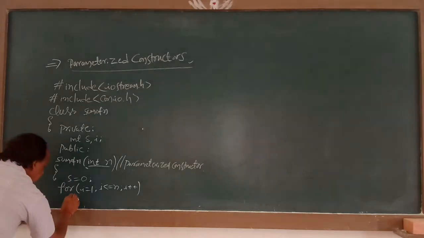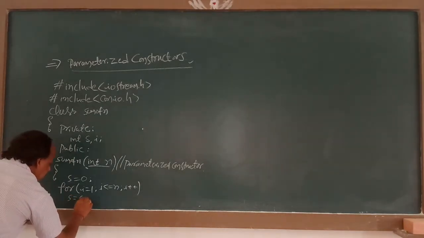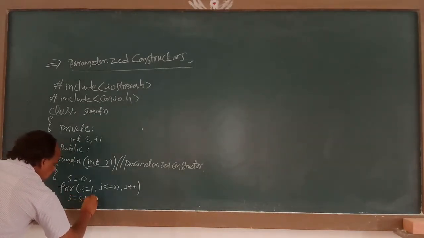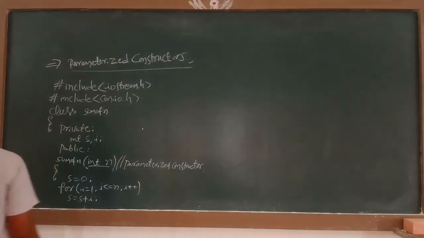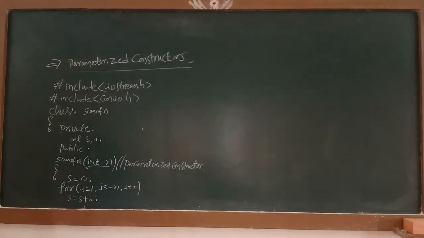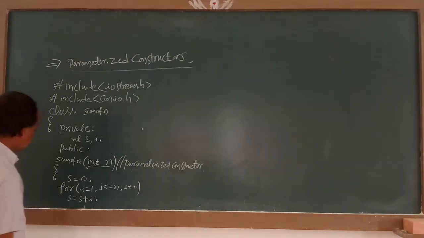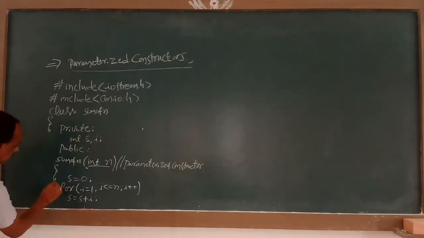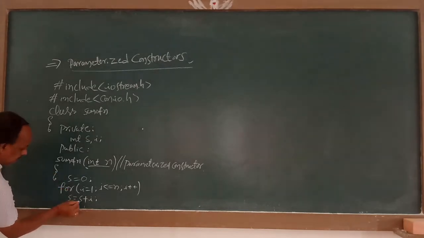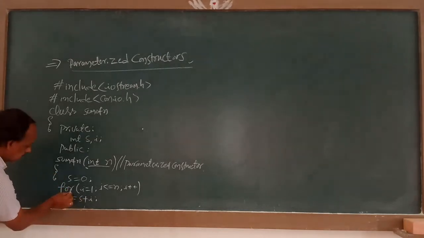Next, sum is equal to sum plus i, and afterwards I am closing this. If the for loop has only one statement, curly brackets are not needed.